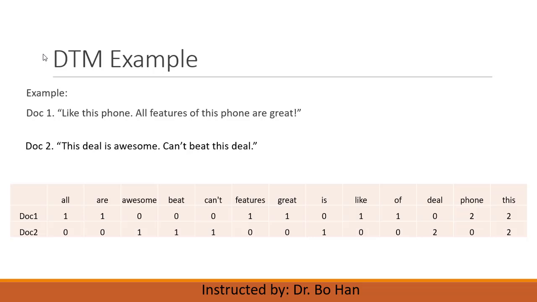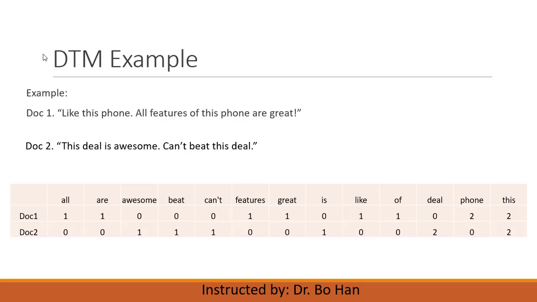And then I will look at how many times each term appears in each document. For example, awesome. Awesome didn't appear in the first online review, so I mark 0 for awesome in the first document. But awesome appears once in the second document, second online review. So I mark 1 for awesome in the second document.